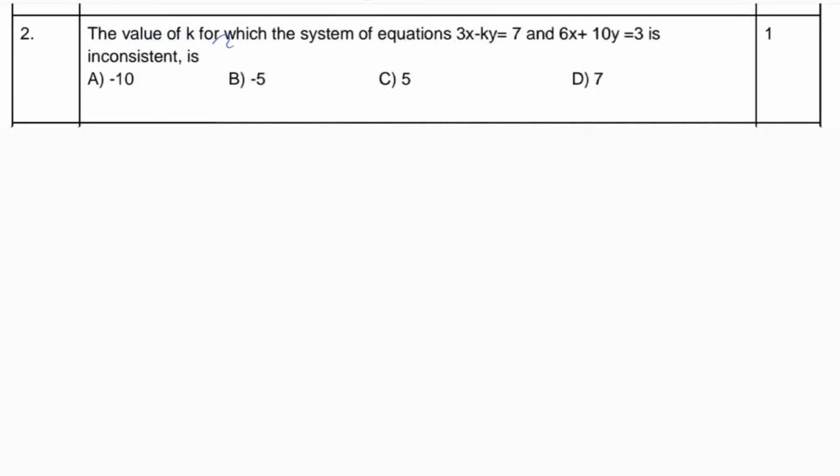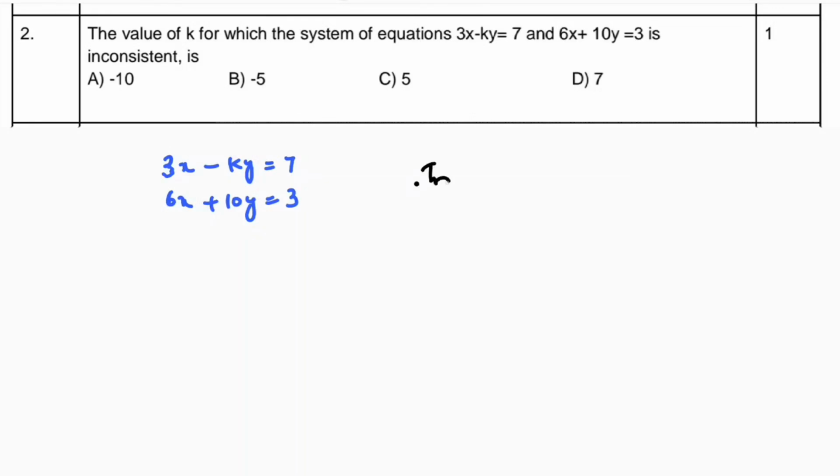The value of k for which the system of equations, here 2 equations again. One is 3x minus ky equals 7, 6x plus 10y equals 3, is inconsistent.